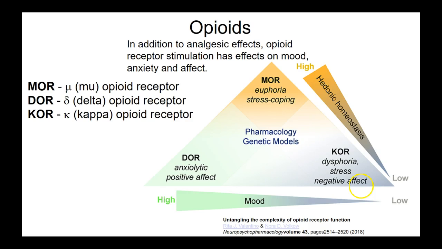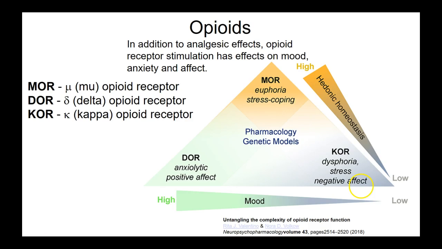In addition to analgesic effects, blocking pain, opioid receptor stimulation has effects on mood, anxiety, and affect. How you are feeling, positive, feeling down, and so forth. You don't have to know all of this, but I want to point it out because it's such an issue.